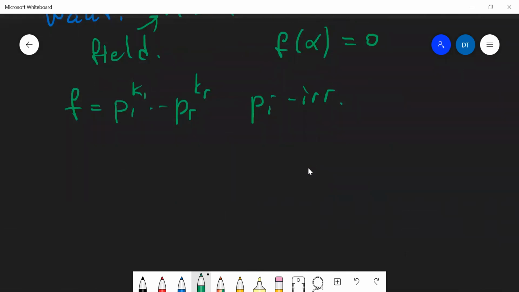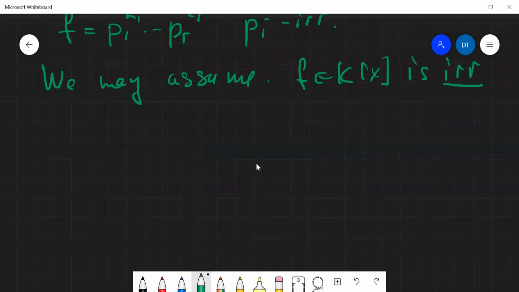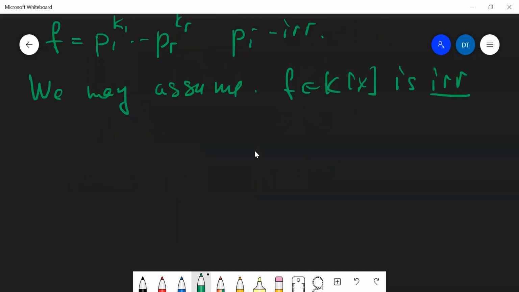So from now, we may assume that f is irreducible. So now the problem is how to produce a larger field where an irreducible polynomial has a root.